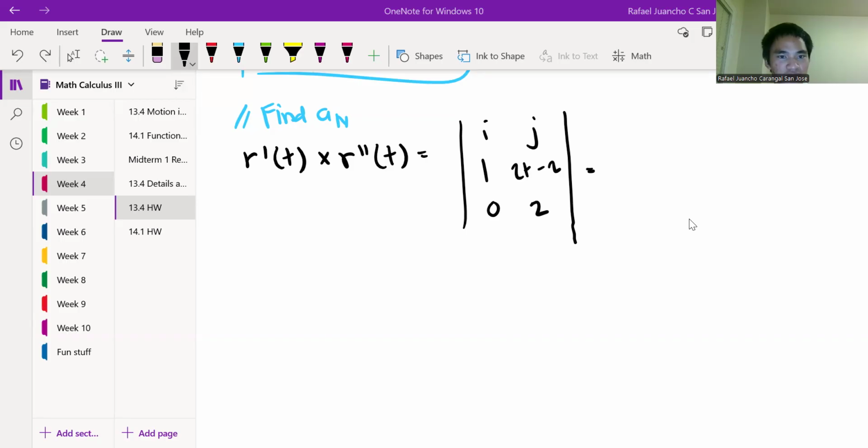What? Uh-oh, really? I can't do that? Only 2 components. Yeah, I just realized I don't know how to do that.